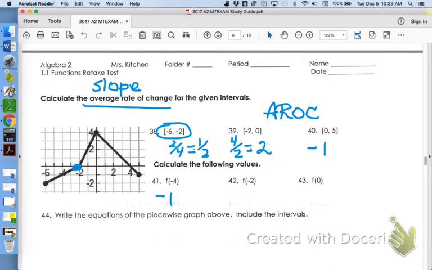Value of y when x is -2 is 0. The value of y when x is 0 is 4.